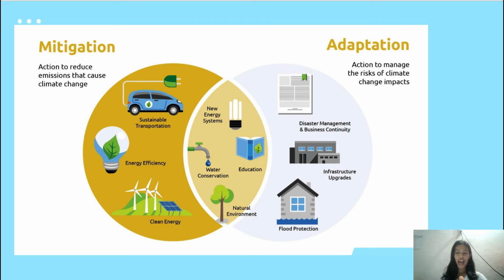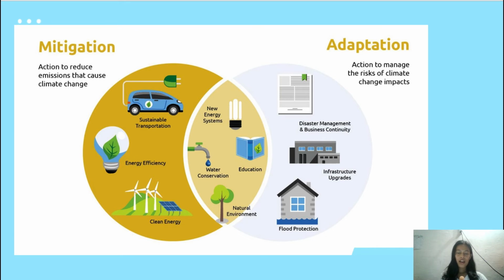So for the adaptation, like sa gitakol ni Clair ganina, action to manage the risk of climate change impact. So like disaster management and business continuity, magplano said ni Clair. Next is infrastructure upgrades.